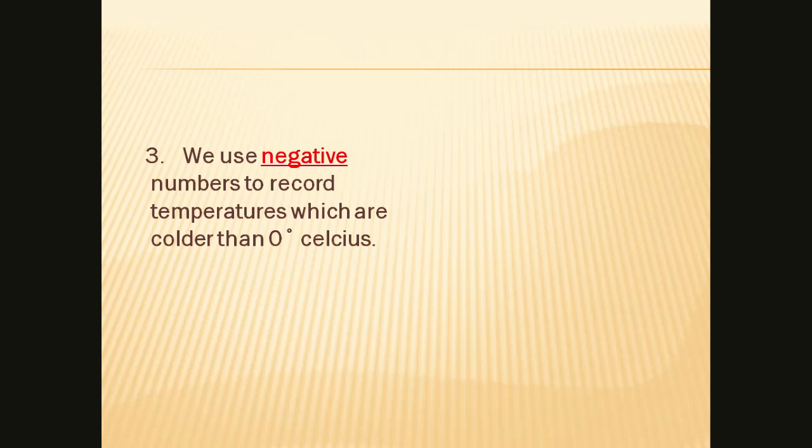Because we come to know the temperatures from cool countries and very cold places in negative, minus 5 degrees Celsius, minus 4 degrees Celsius, like that. That's why we use negative numbers to record temperatures which are colder than 0 degrees Celsius.